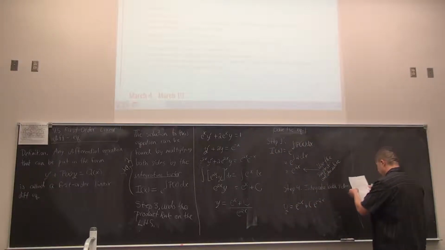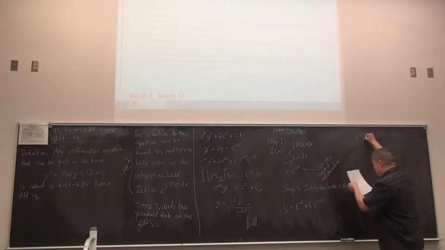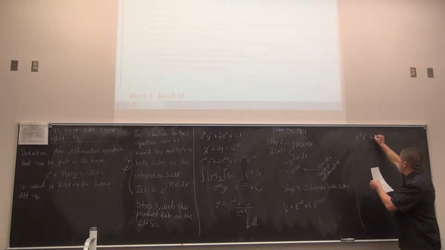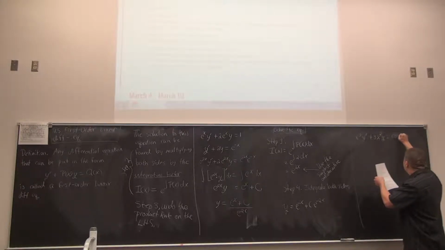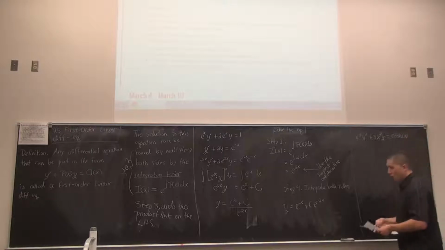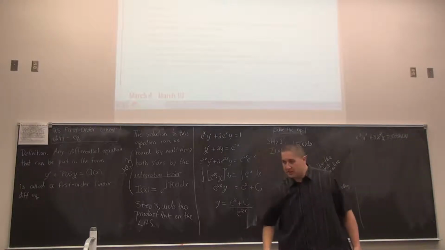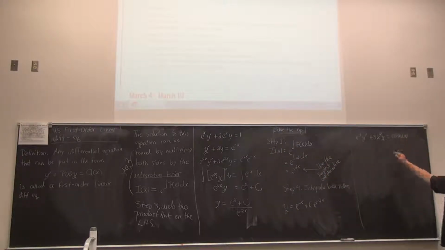This one reads x cubed y prime plus 3x squared y equals hyperbolic cosine of x, for no particular reason other than we don't seem to deal with those very often, so we threw it in. So that's our whole problem.